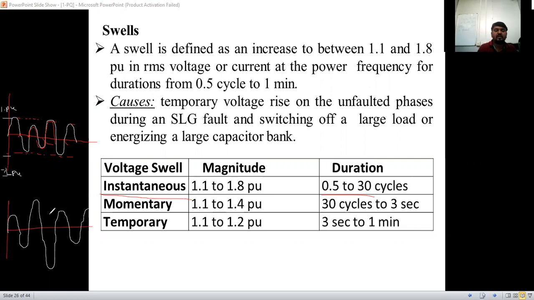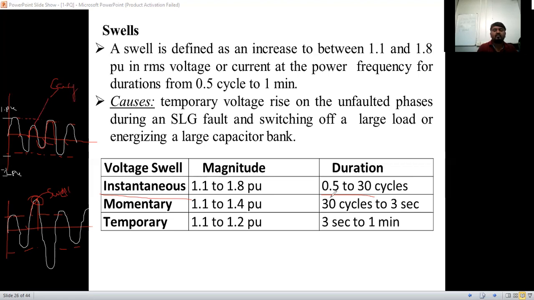This one is actually 1 per unit, but for the second cycle the voltage is raised. So this is called instantaneous swell, and the earlier one is sag. We have discussed voltage sag and voltage swell.